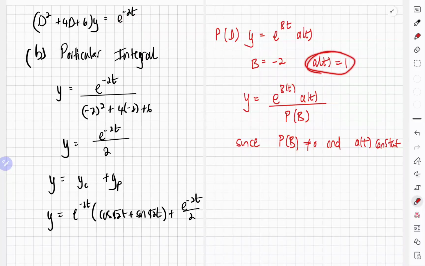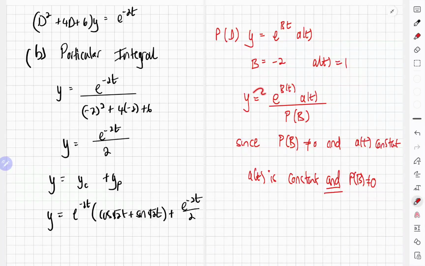Recall what I said earlier. If your A(t) is constant, but remember we had an AND condition. So if A(t) is constant and, it's very important, P of beta is not 0, because now remember, you are going to write your solution like this.